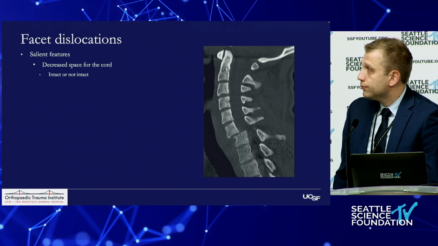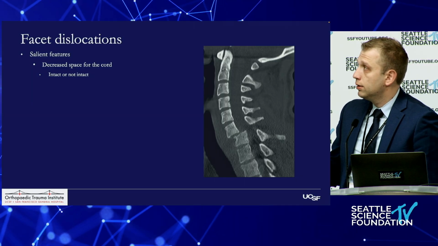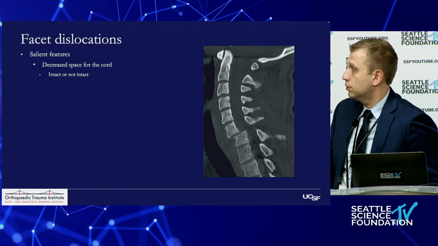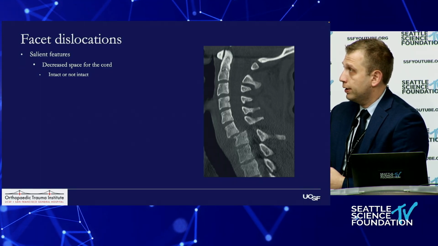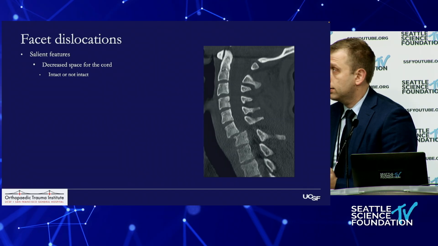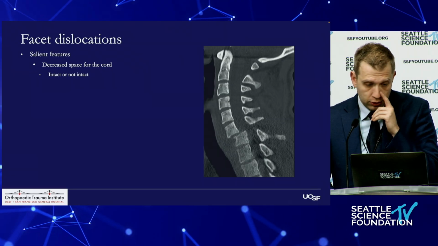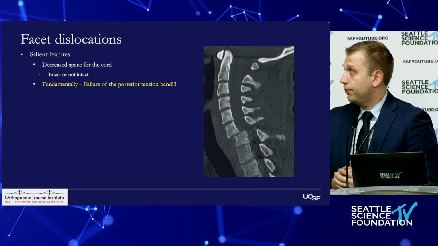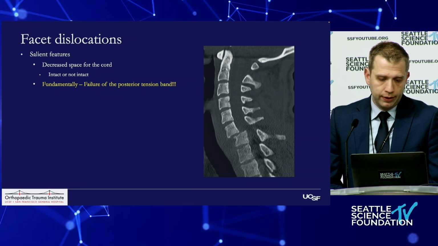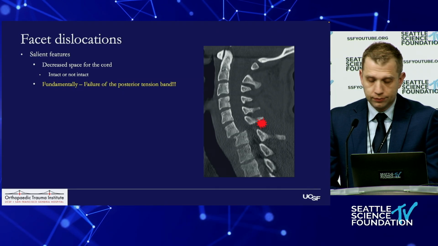And so, generally speaking, there's decreased space for the cord, which, depending on how patent the canal is and how much displacement there is, the patient may be intact or not intact or partially intact, but fundamentally, there's a failure of the posterior tension band in these cases.